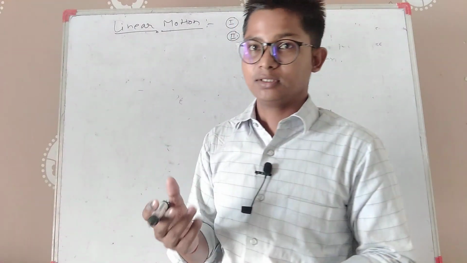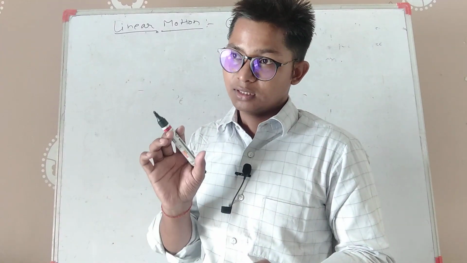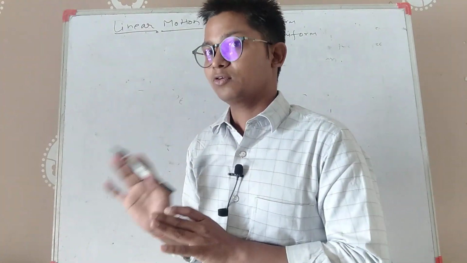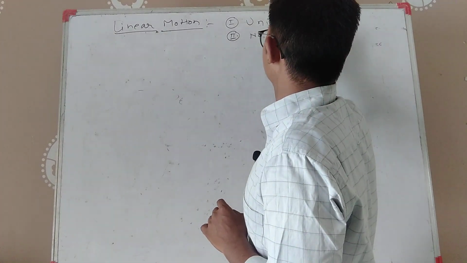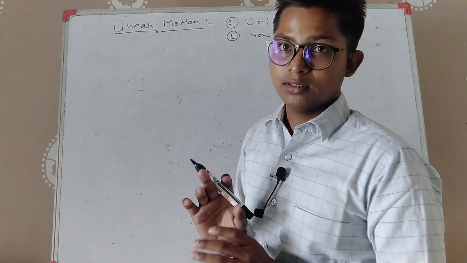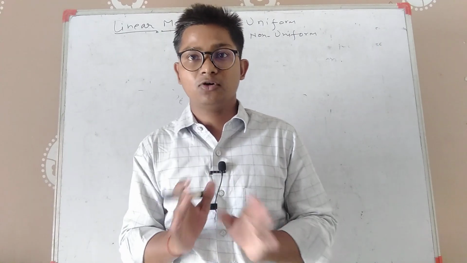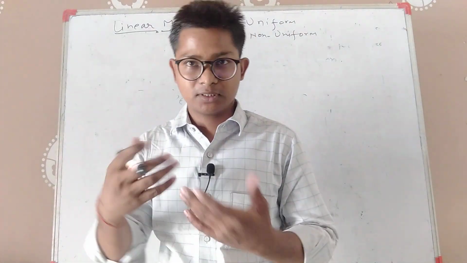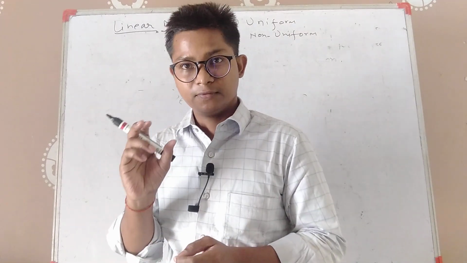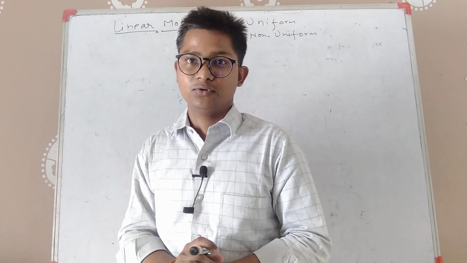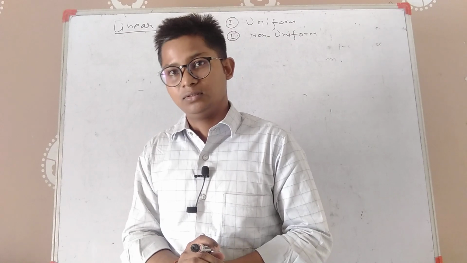If an object does not cover equal distance in equal intervals of time, then the motion is defined as non-uniform motion. But when an object covers a fixed distance in a fixed interval of time, then the motion is said to be uniform motion.